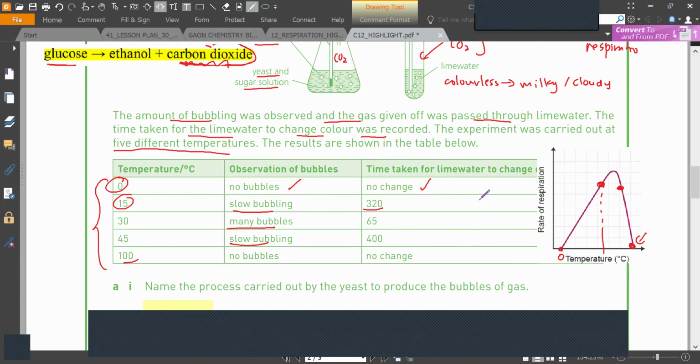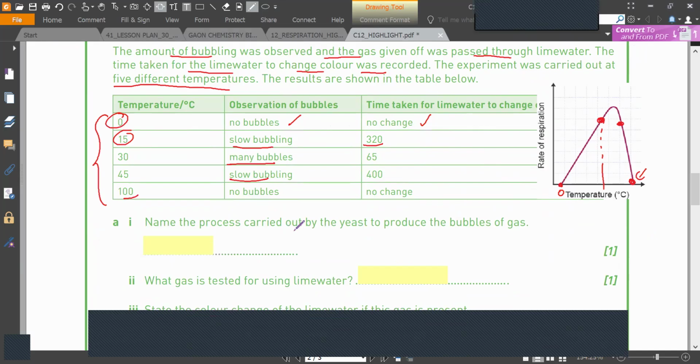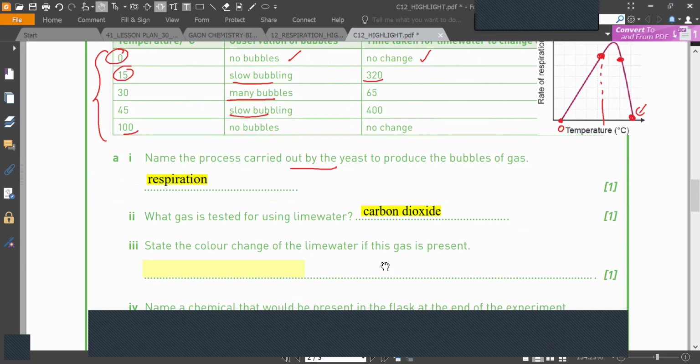Name the process carried out by the yeast to produce the bubbles of gas. So what is the process? It is respiration. What gas is tested using lime water? Carbon dioxide. The color change of lime water: colorless to milky.